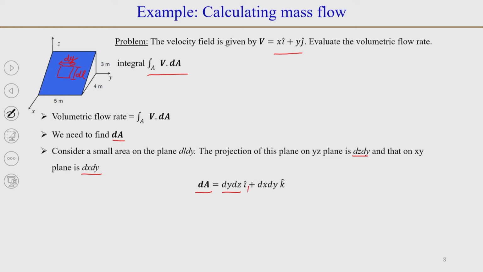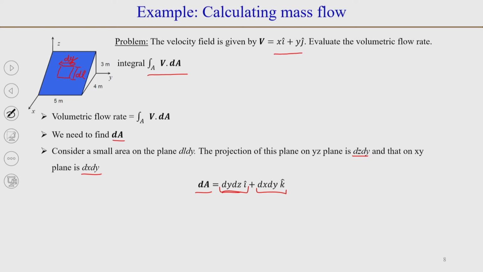So, dy dz i plus dx dy k. On the xy plane, the normal vector will be along the z direction, unit vector k. So, dA is equal to dy dz i plus dx dy k.